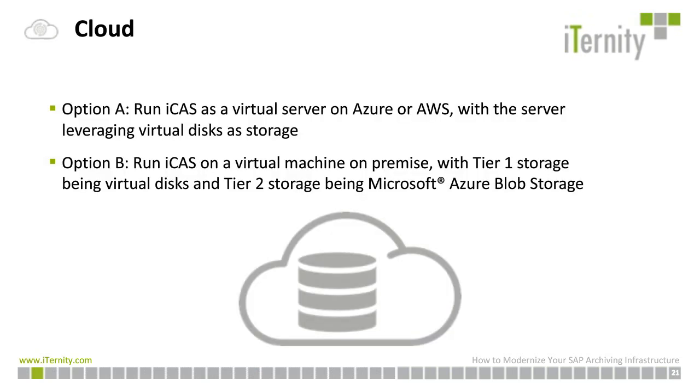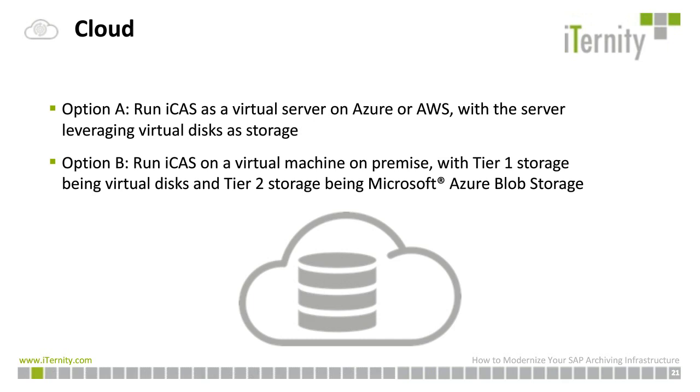Today, almost every second customer will ask about cloud connectivity, not just for our storage, but because they want to move their ECM and SAP platforms. Everything is moving to the cloud. So we have two options for running iTernity ICAS in the cloud. Option A is running a virtual server on an Azure or Amazon AWS environment, leveraging virtual disk storage from that environment.